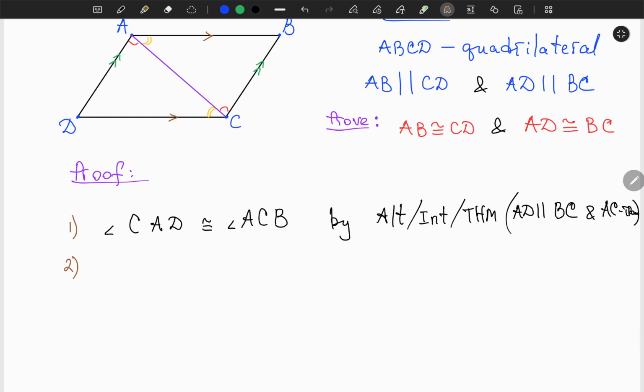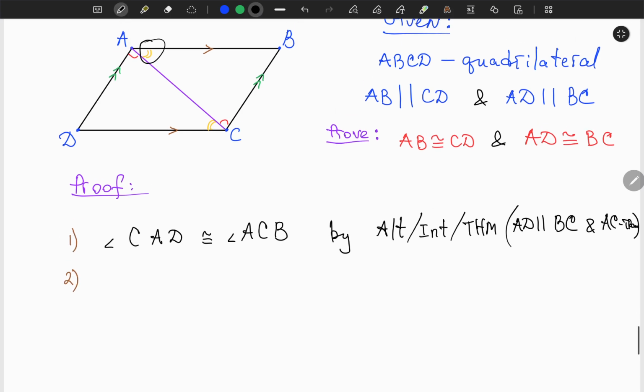Second, with the other pair of angles, what we said, CAB is congruent to ACD.